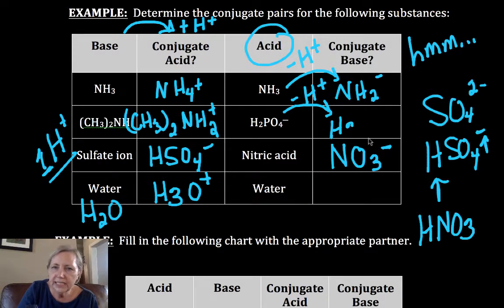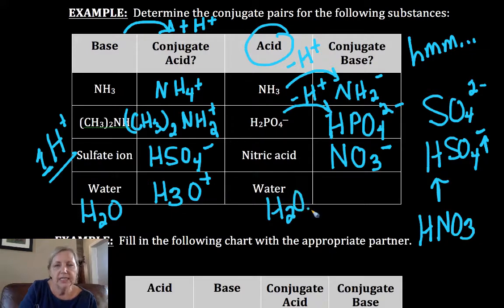If it loses an H, which is what acids do best, they lose an H and a plus. I have only one H, PO4, and I'm losing a positive charge, so that would be now 2 minus. Okay, water. This time water is going to be an acid. Acids lose an H and a plus, so I have hydroxide.